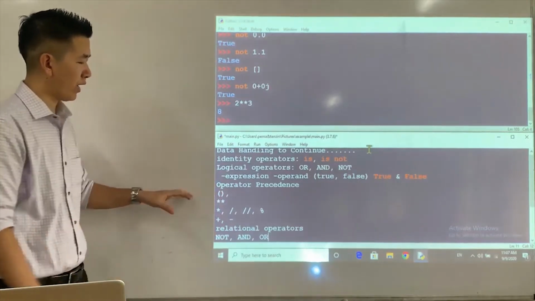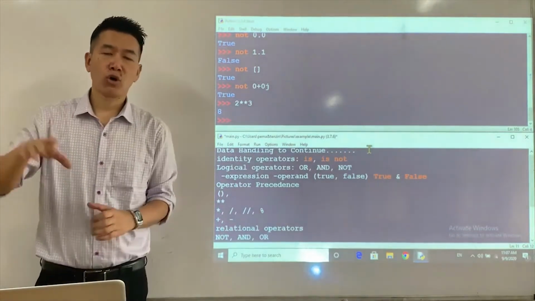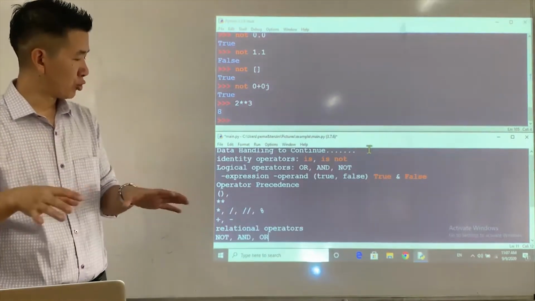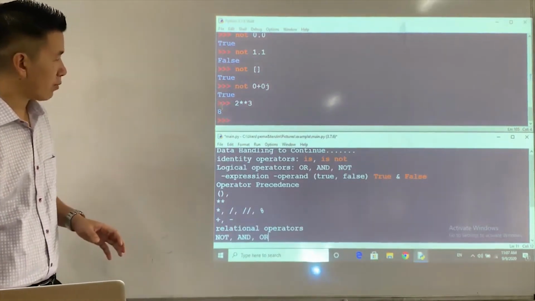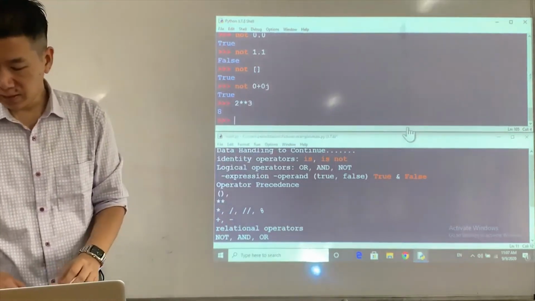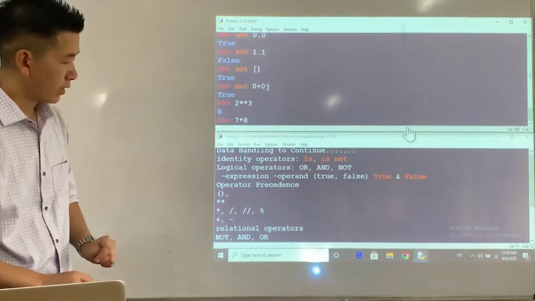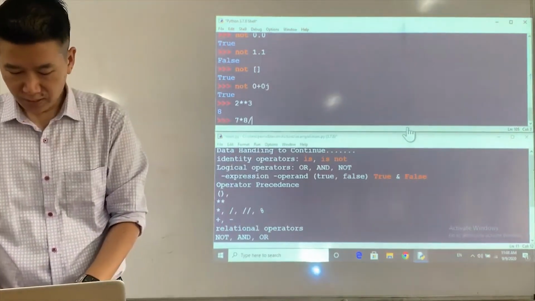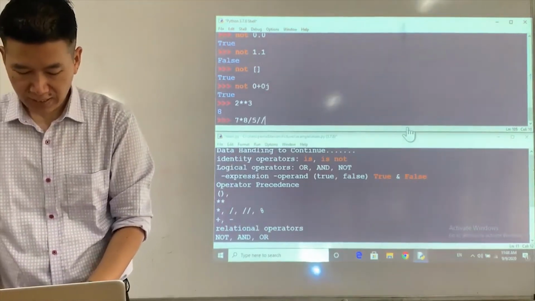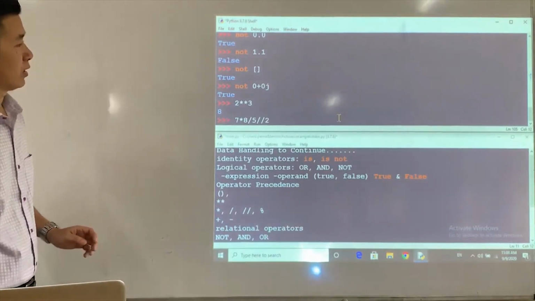In the textbook, you have just too many operators, but just focus on those we are using right now. Let's come up with some examples to understand this operator precedence a little better. Let's say I have 7 into 8, divided by 5, and then 2.